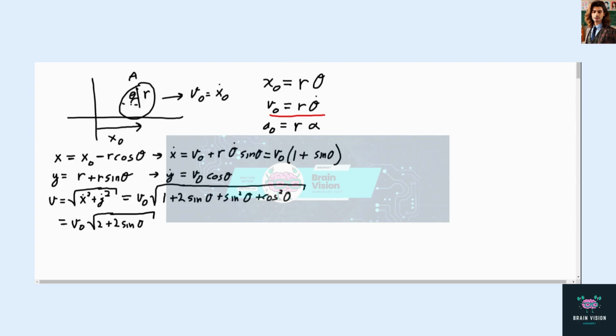Now we want to represent our velocities graphically here. So we can do that. If we have our wheel here, we have our angle theta, our position A, we will have our resultant velocity here, which will be up and to the right.